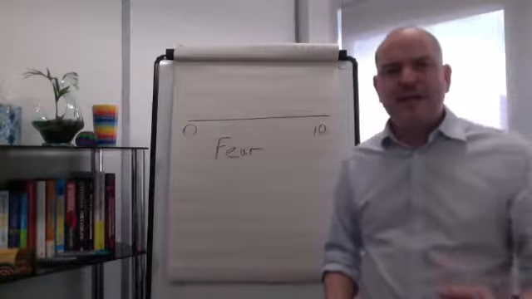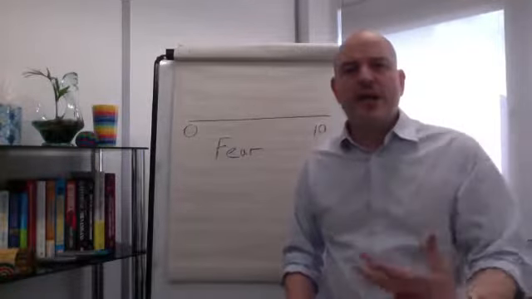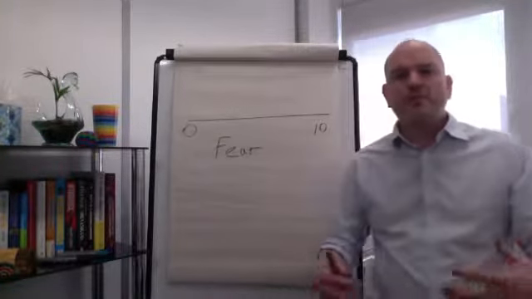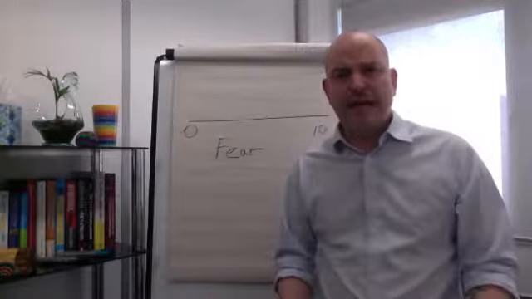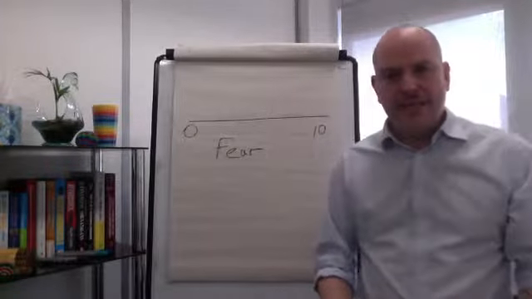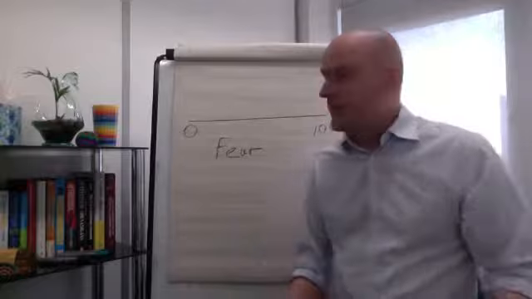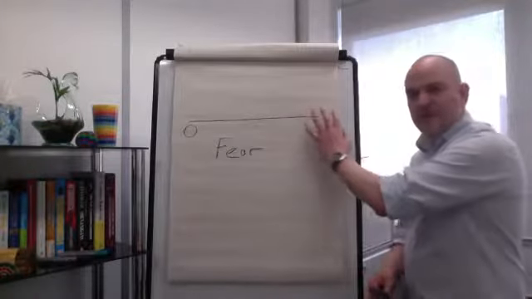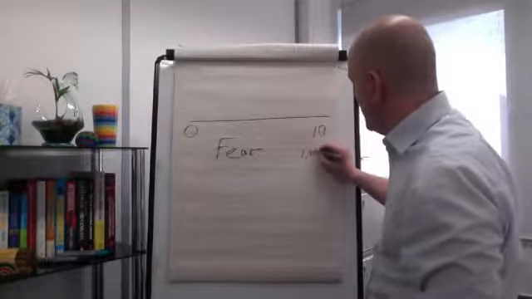Let's imagine that I feel so much fear that it stops me going out of the house and it stops me doing things because I'm really scared that something bad's going to happen. So I'm up here and it's 10. That intensity is not warranted for certain situations. So if the emotion is felt at this really high intensity, it is often unhelpful.